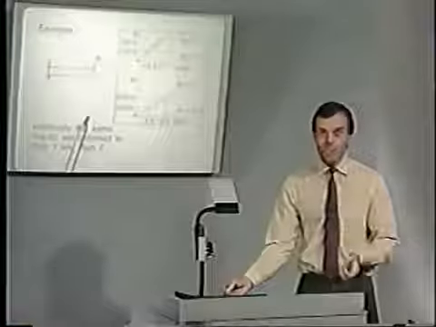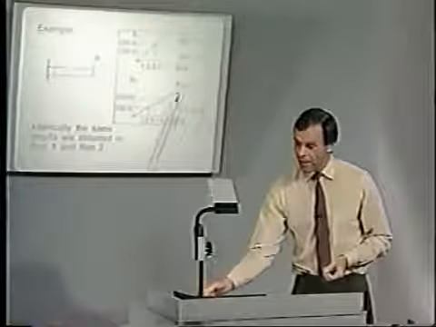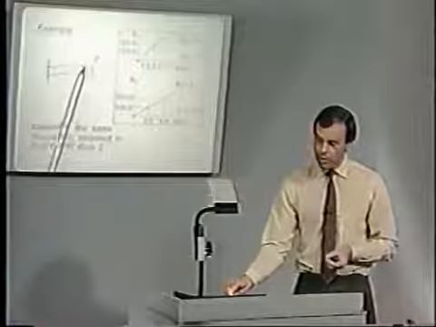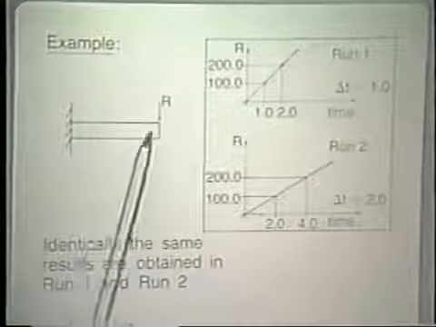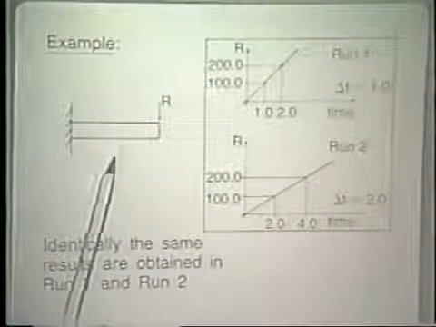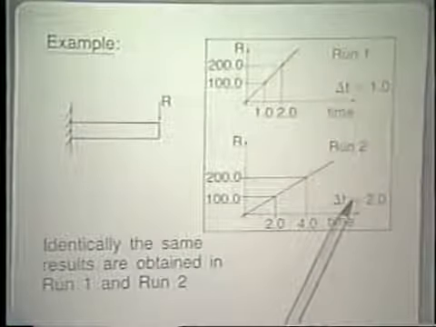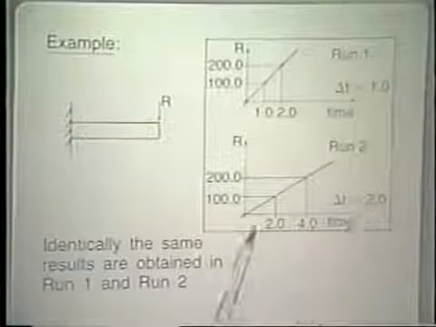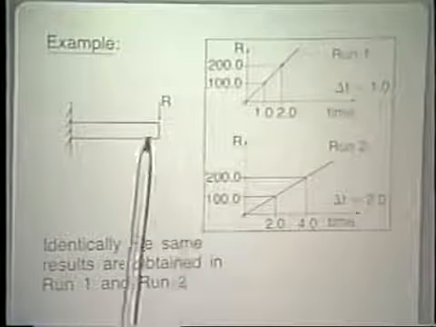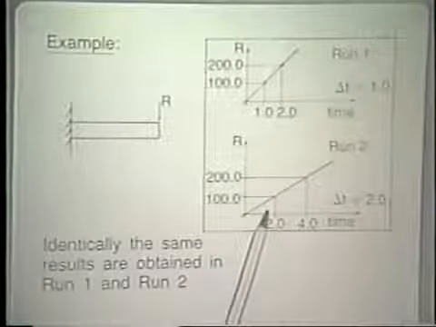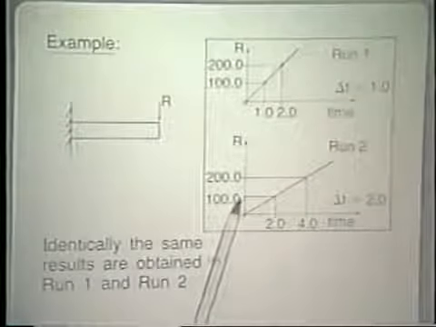would obtain identically the same results in run 1 and run 2 because it's a static analysis and the material properties are time independent. So in this particular case, certainly time is a pseudo variable, and we can design many different time stepping schemes using different time steps and always obtain the same results, provided at the end of the first time step we have the load 100, and at the end of the second time step we have the load 200.